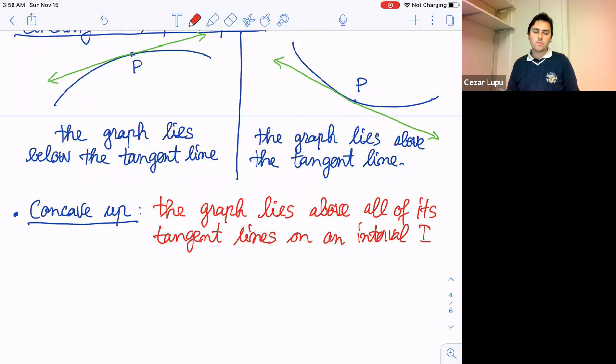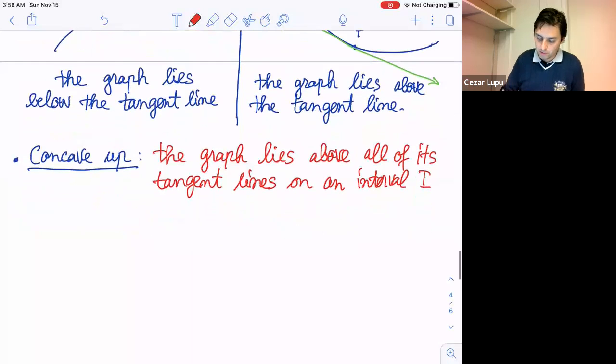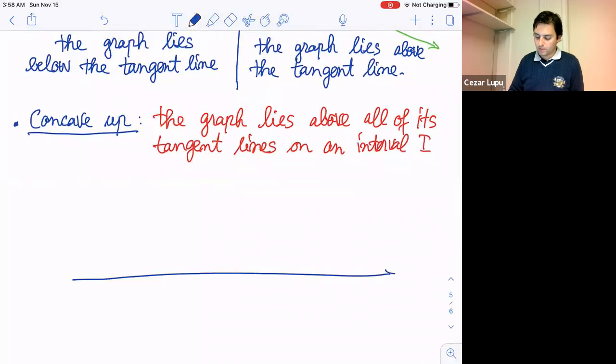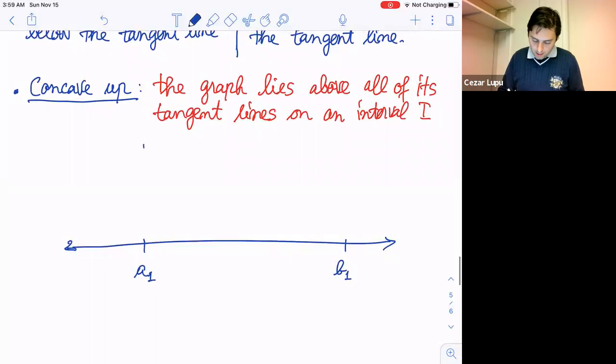And then it's said to be concave up on I. So let me just draw this picture. So let's just say we have something like this. And let's say I have here A1 and here I have B1. And the graph should be something like this.